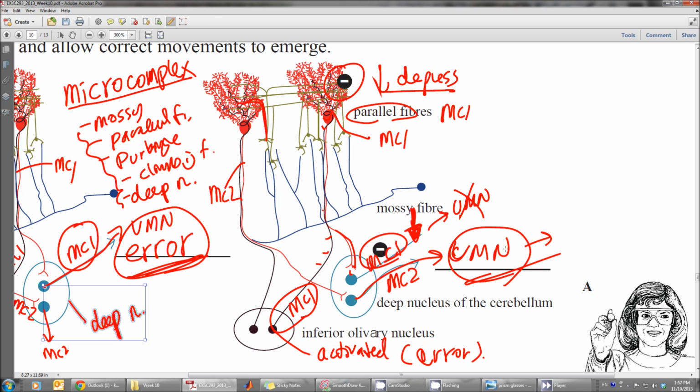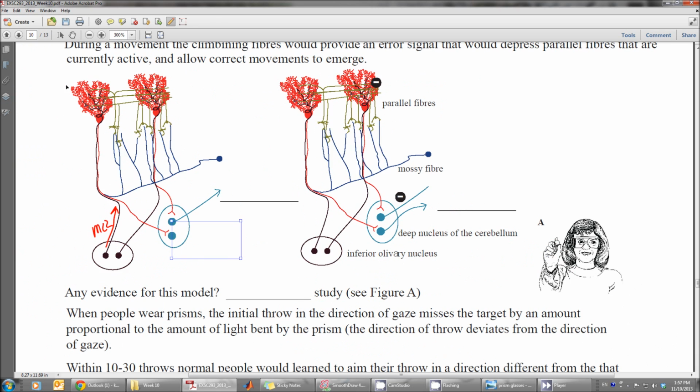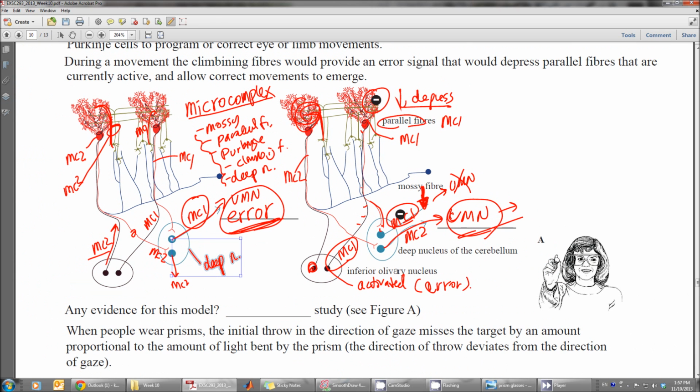Once it creates the error, the climbing fiber for MC2 will be activated, suppressing this synapse for a few minutes or a few hours, while letting the other microcomplexes be tried out. So in these mechanisms, we show that the cerebellum is able to try different options of the movement while suppressing the error-causing types of movement.